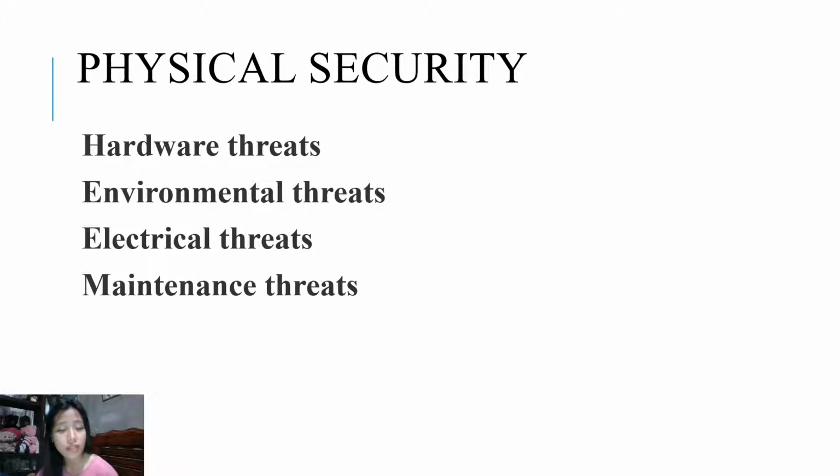The electrical threats are voltage spikes, insufficient supply voltage, for example brownouts, unconditioned power or noise, and total power loss. For maintenance threats, it is poor handling of key electrical components, electrostatic discharge, lack of critical spare parts, and poor cabling and labeling.